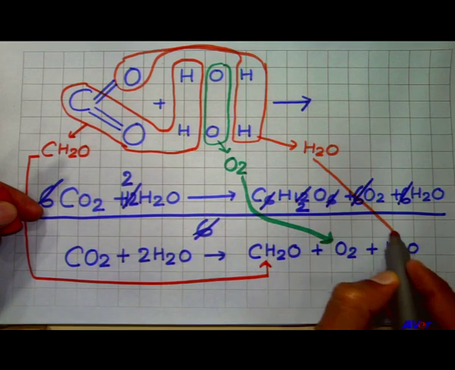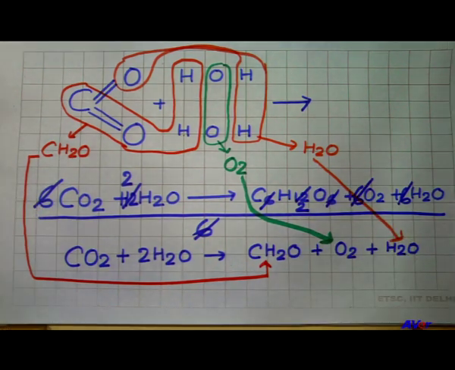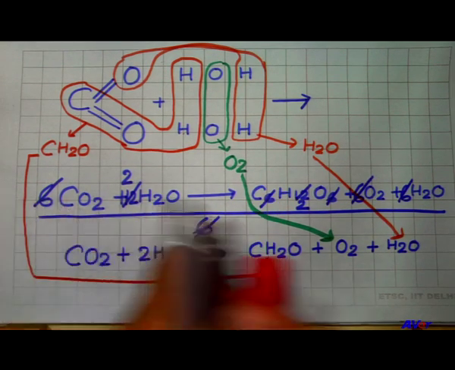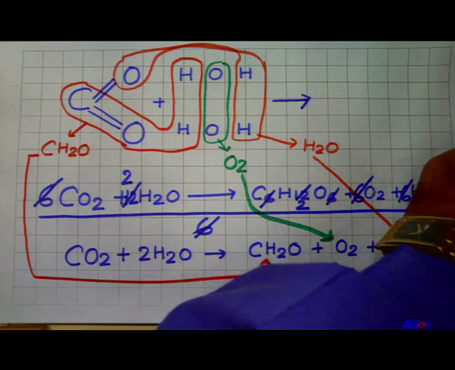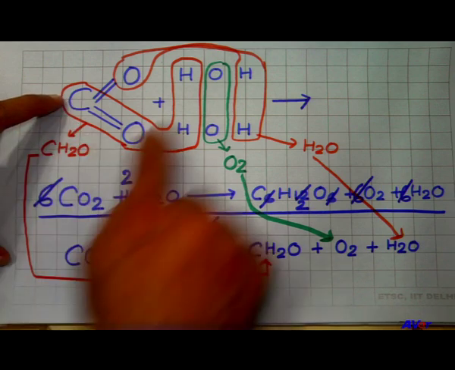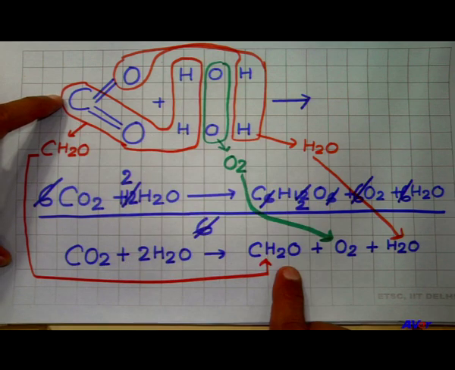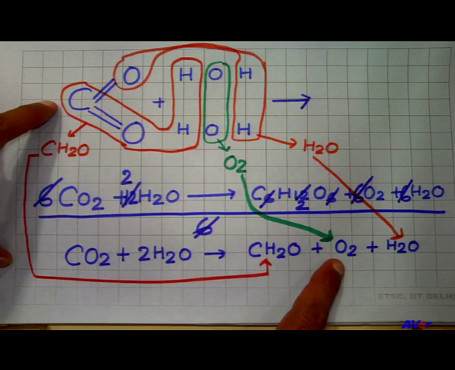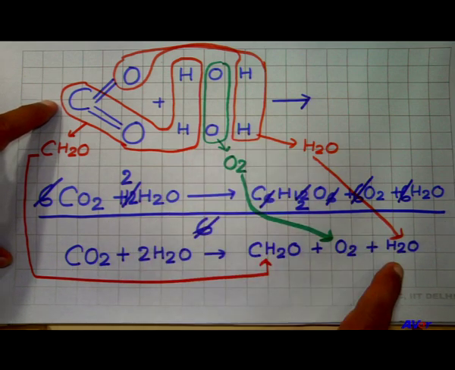So the entire reaction we can summarize here: carbon dioxide forms CH2O, carbohydrate, oxygen as a byproduct and water.